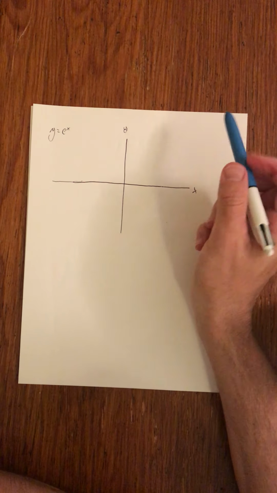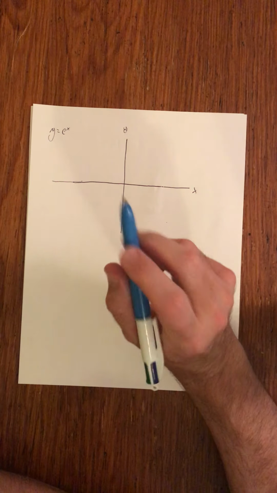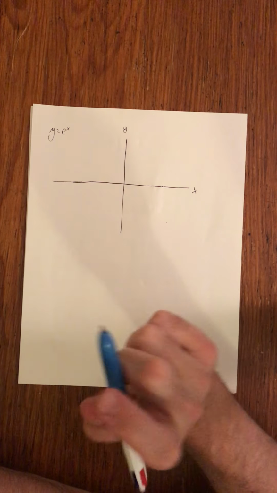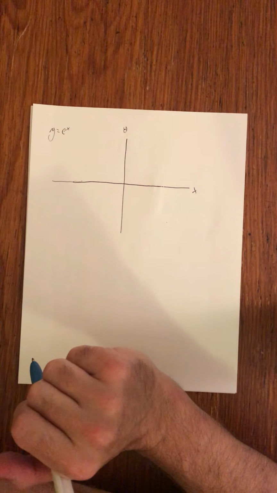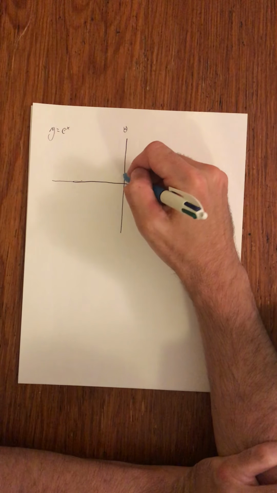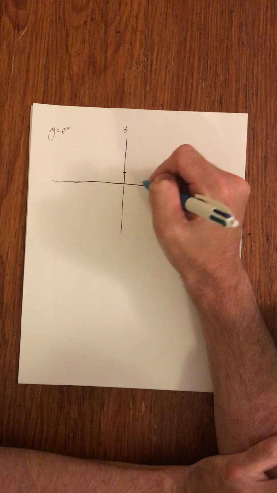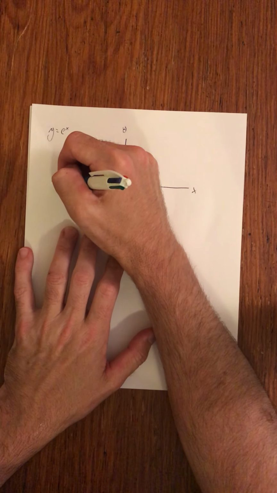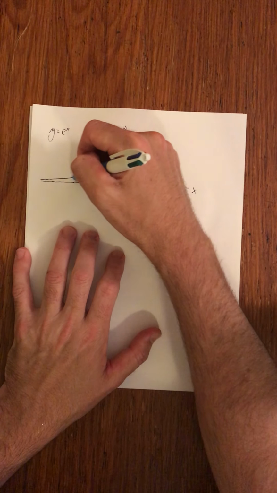If we took the limit as x approaches infinity, we would get infinity, and the limit as x approaches negative infinity, we would get 0. The other thing I know about it is at x equals 0, the value of this is 1. So let's sketch that graph with all those properties.